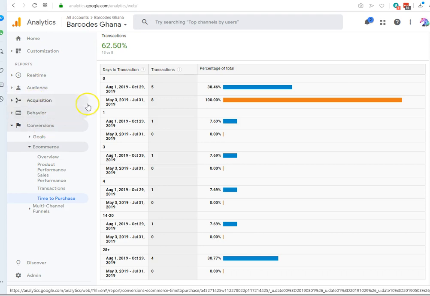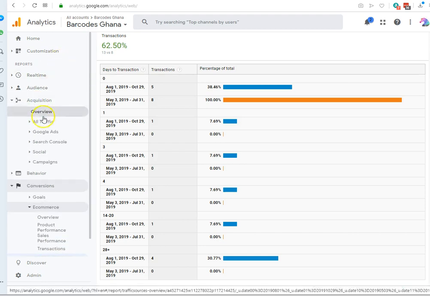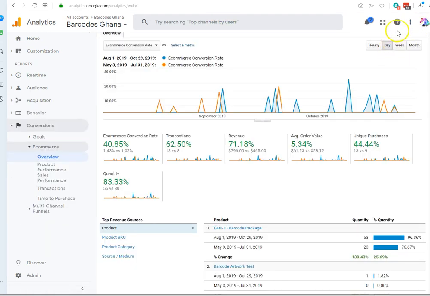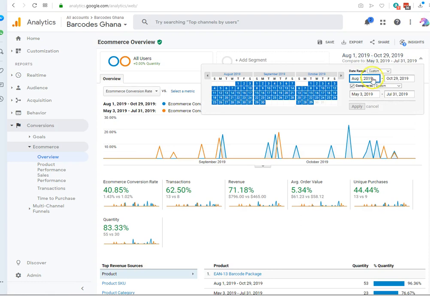So there's lots of information available here. We're encouraging you to get into it and to look at it and see what you can learn from it. The only way to learn from it is to look around and start reviewing it. So yeah, that's what you've got to do. Just play with things like, change your dates. And you might go for a full year here.